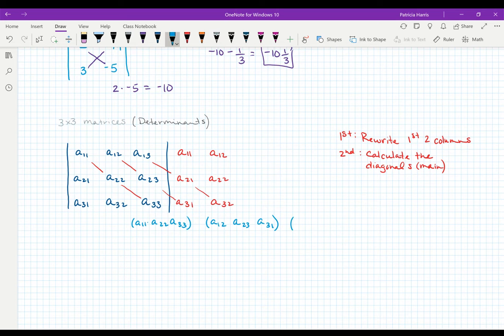And then we're going to multiply A13, A21, A32. Okay, see how I caught all of them? Okay, so now we're going to add them up. Okay, so this will be your main diagonal right here after you add them.